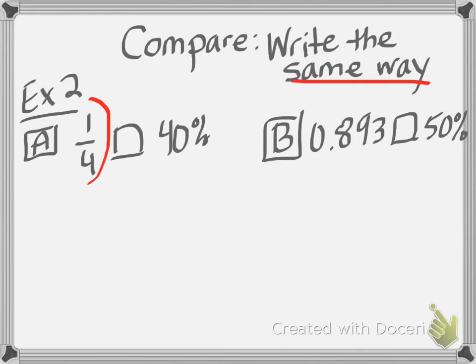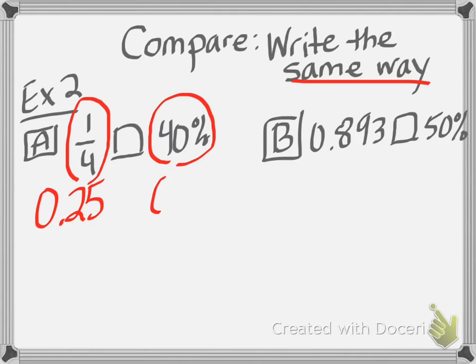So 1/4 to 40%. 1/4 is 0.25 and 40% is 0.40, right? Because if I move the decimal over twice, I'd be at 40%. So 0.25 compared to 0.4. I'm going to look at this first number. 4 is greater than 2. That means 40% is greater than 1/4.